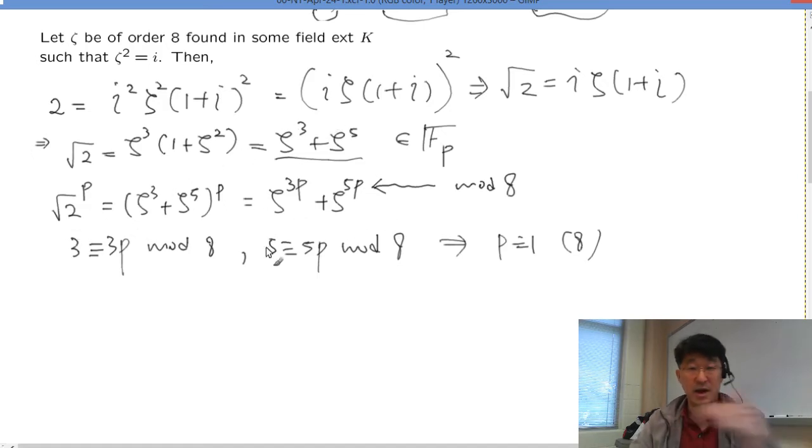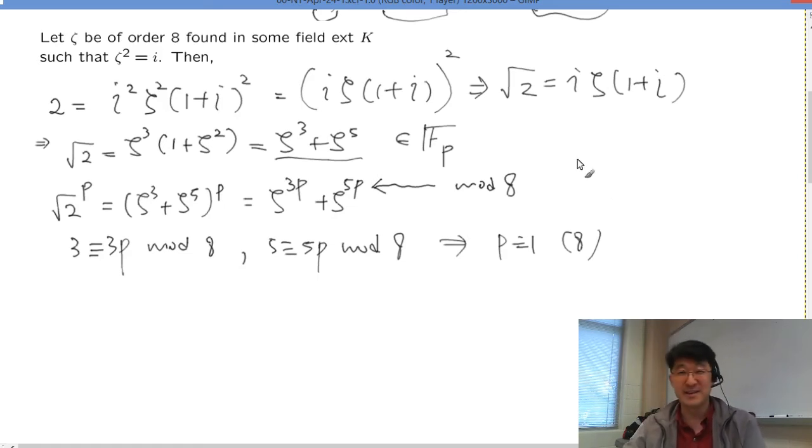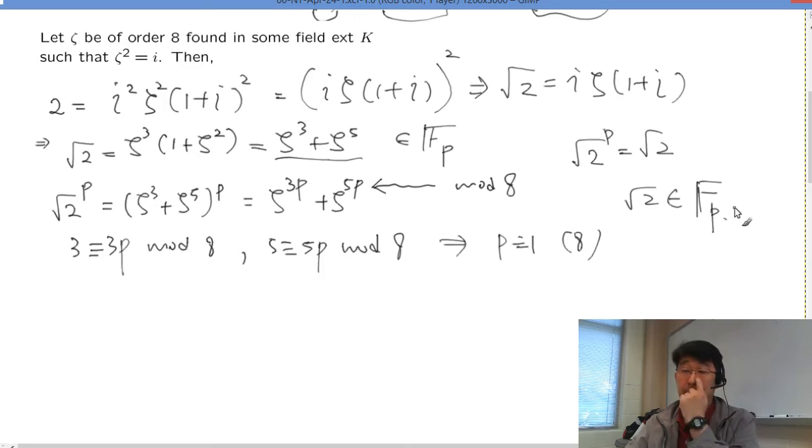Therefore, after you raise to the pth power, you are looking at the same statement. Therefore, it's fixed. Fixed field, right? So square root of 2 is in where? F_p. If p is 1 mod 8, this is the same as 3 mod 8, the same as 5 mod 8. So therefore, it's exactly the same as before, right?